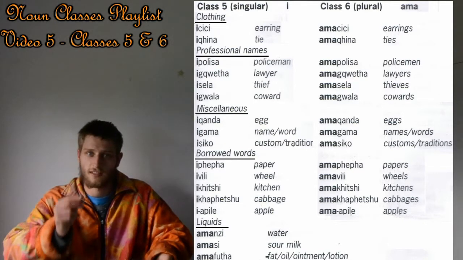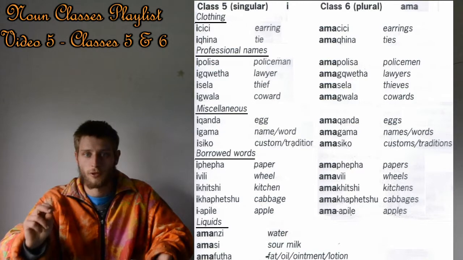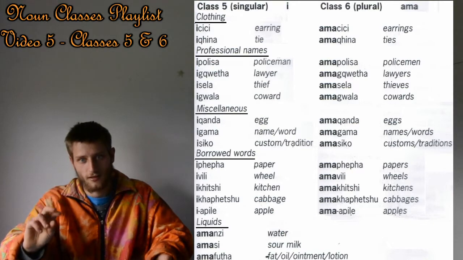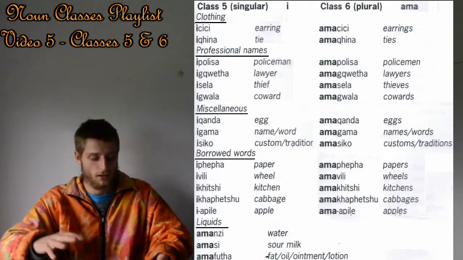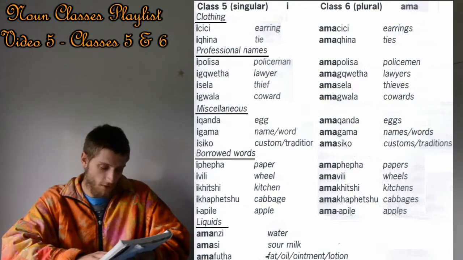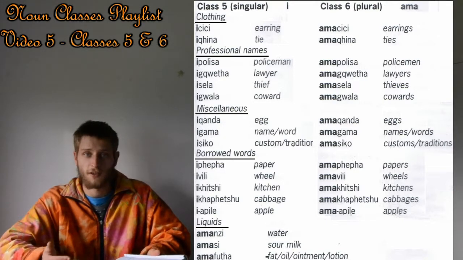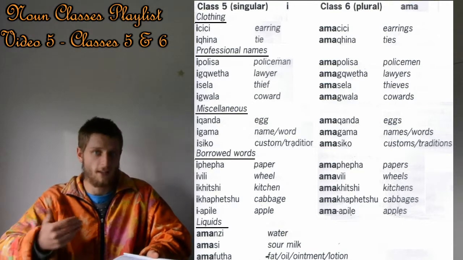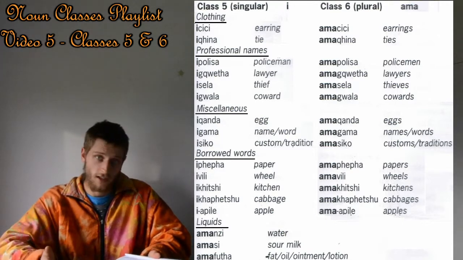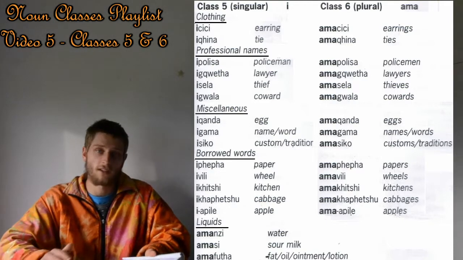Class 9 is a single I, E, and the plural is two I's together, which is pronounced E, like it's drawn out. So that's why you might get confused when you see something like iqi, which means earring. Then you might think that it's in class 9, so then the plural must be iqi. But it's not, guys, because the plural is actually amatiqi.